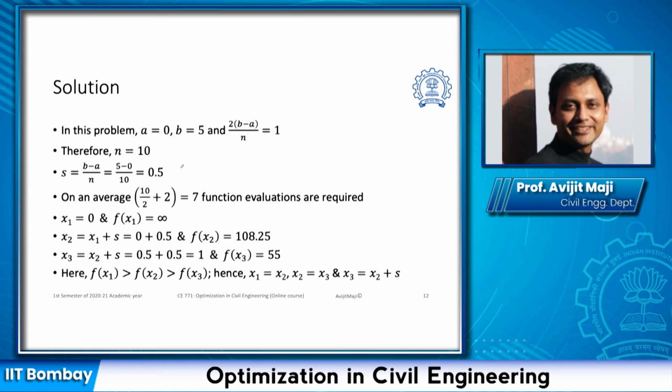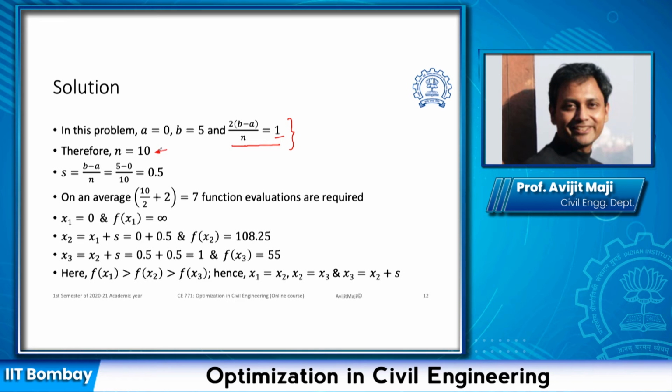First we need to find out the maximum number of iterations we may need to reach the accuracy we intend. In this case the accuracy intended is 1, and if we equate it to twice the step size, if you recall, then we can get the accuracy. From this we can find out the n value is going to be 10.